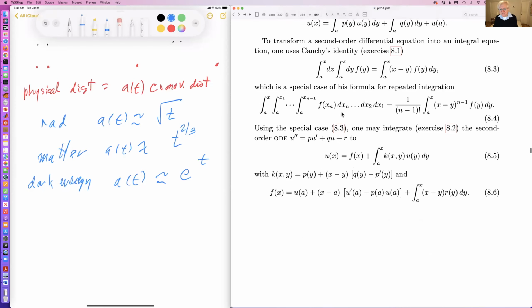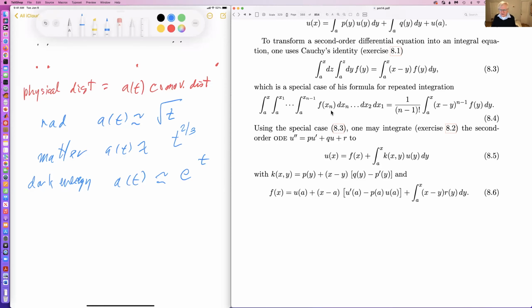And that's a special case of a more general formula that he introduced, which was that an integral over a bunch of dimensions is, this function f of y integrated from 0 to x dy, and x minus y raised to the power n minus 1, to the n minus first power, gives you this expression.